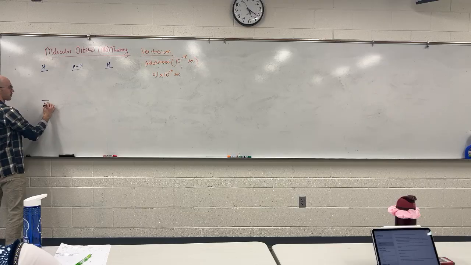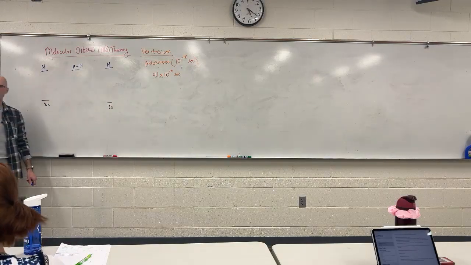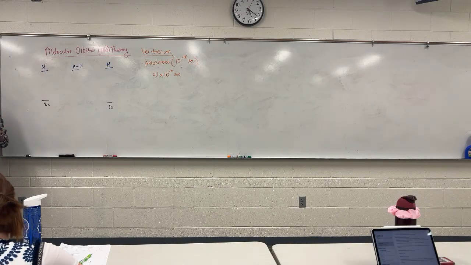It's the 1s orbital. What is the shape and nature of the 1s orbital? Perfect sphere, spherical. And there are no nodes. The 2s orbital has a spherical node, so it's like a ball inside of a bigger ball. But the 1s is just a sphere.